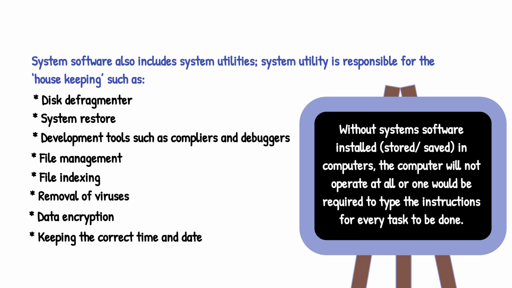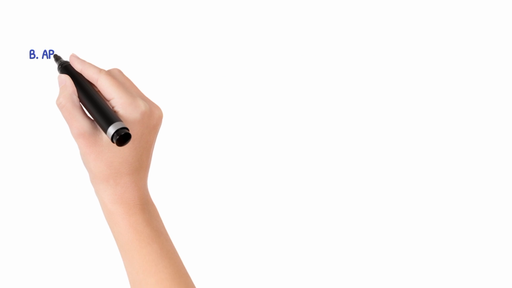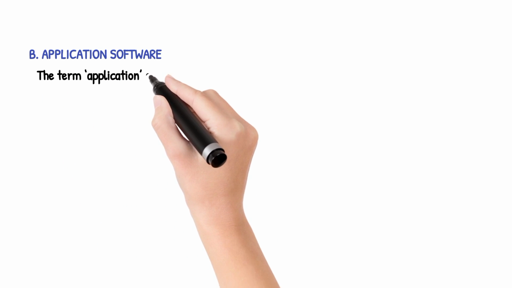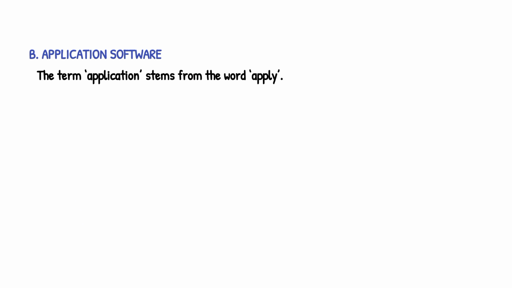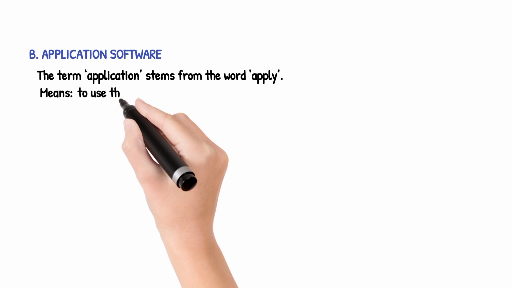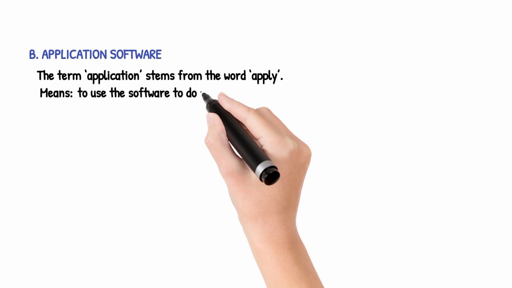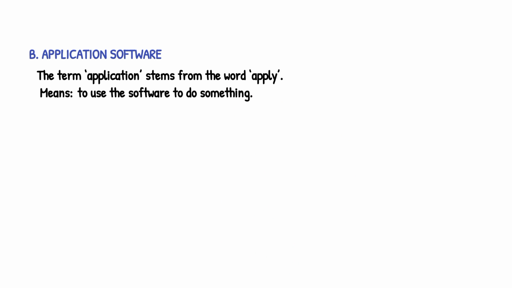The second type of software is the application software. The term application stems from the word apply. And the word apply means to use the software to do something.